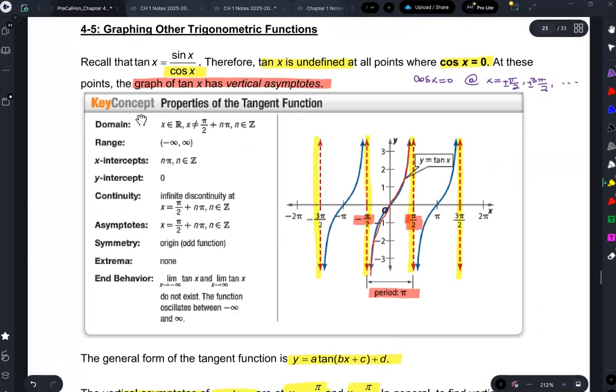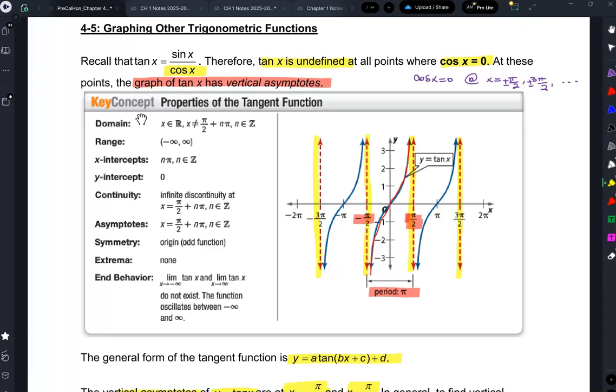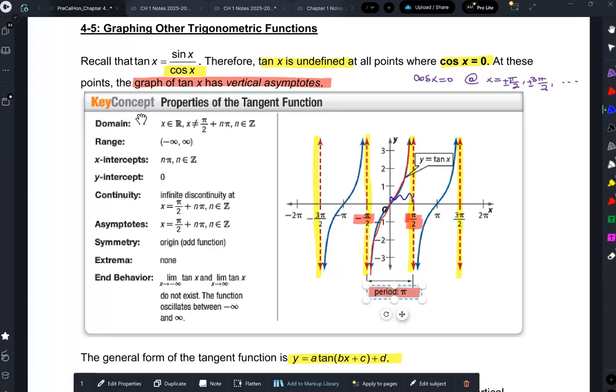Let's go back to the initial diagram. This region here, from 0 to pi over 2, what quadrant does it represent on the unit circle? The first quadrant, right? From 0 to pi over 2, it represents the first quadrant. In that quadrant, is tangent positive or negative? Positive. That's why this goes up. What about 0 to negative pi over 2? What quadrant is that?